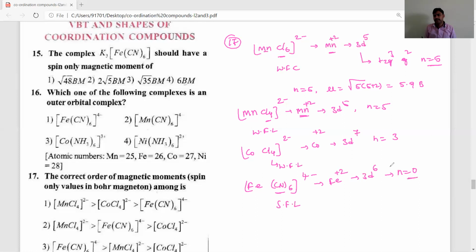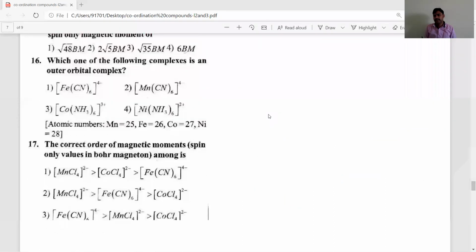All electrons are paired. Now n equal to 5 means mu is 5.9 Bohr magnetons. n equal to 3 means mu is 3.9 Bohr magnetons. n equal to 0 means mu is 0. So the first option is correct. Okay, students, let's see the next 18th question.